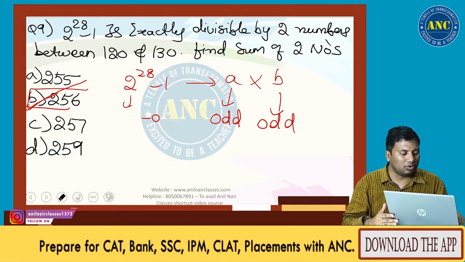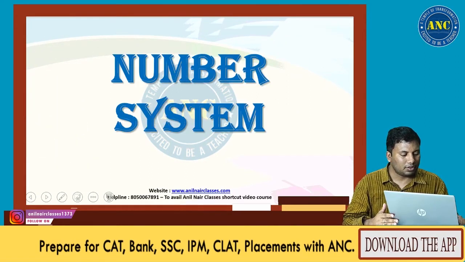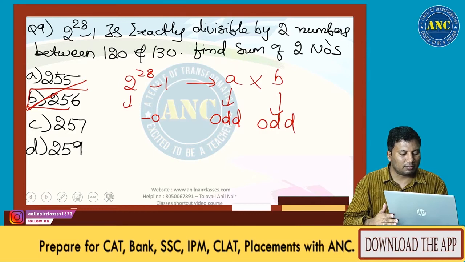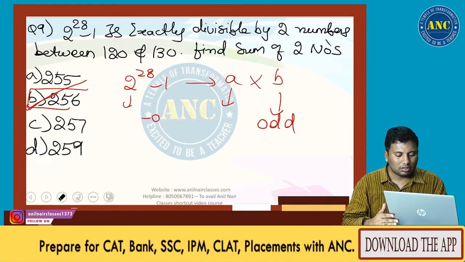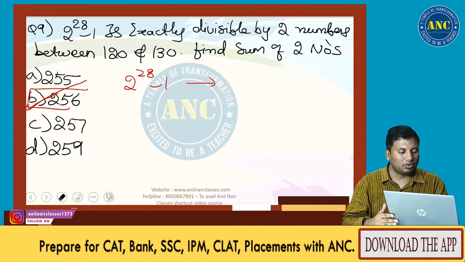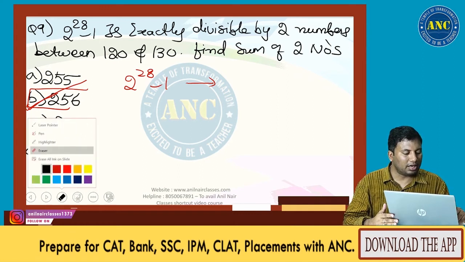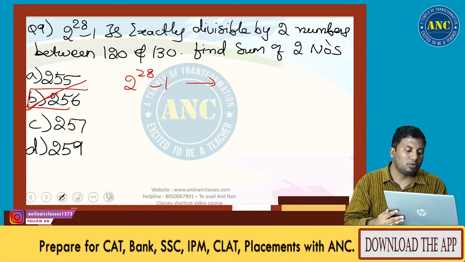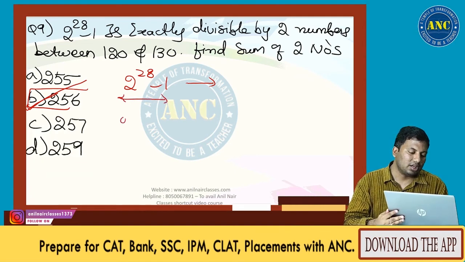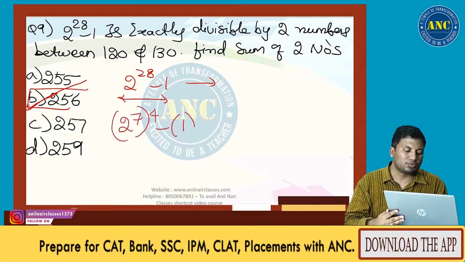Now, in case you don't want to do it like this and you want to find out the numbers, then you can use the A power n minus B power n logic. 2 power 28 minus 1 is nothing but 2 power 7 power 4 minus 1 power 4.